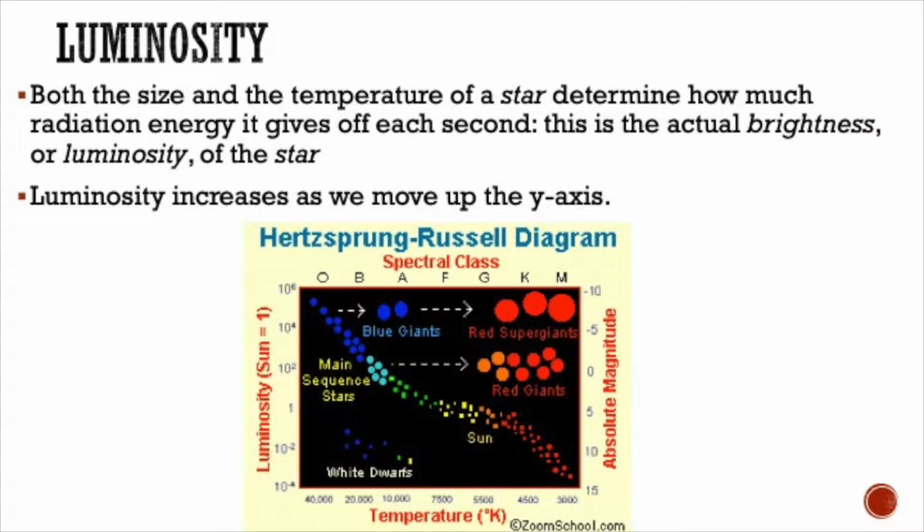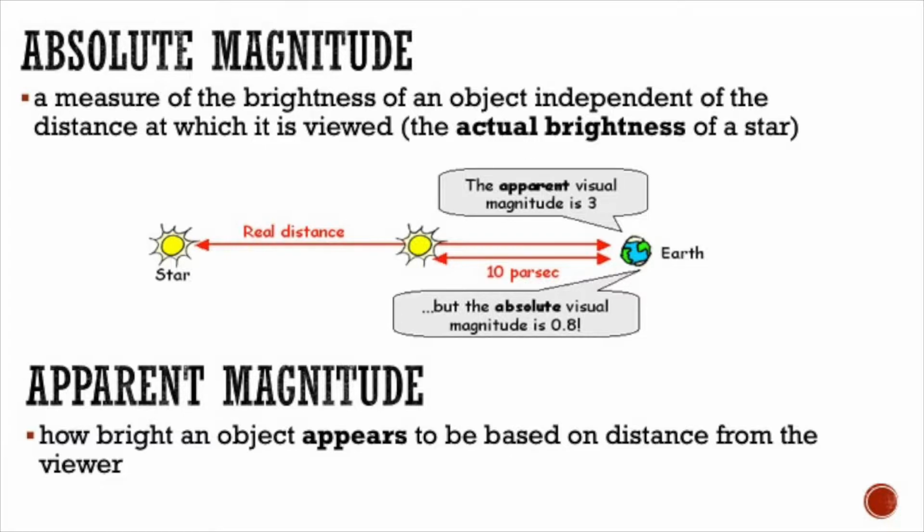Now, to refresh our memory on luminosity, that was one of our vocabulary words. Remember that both the size and temperature of a star determine how much radiation energy it gives off each second, and that is the actual brightness or luminosity of the star. So luminosity is going to increase as we move up the y-axis on the HR diagram. Absolute magnitude is a measure of the brightness of an object independent of the distance at which it is viewed, which means it's the actual brightness of a star.